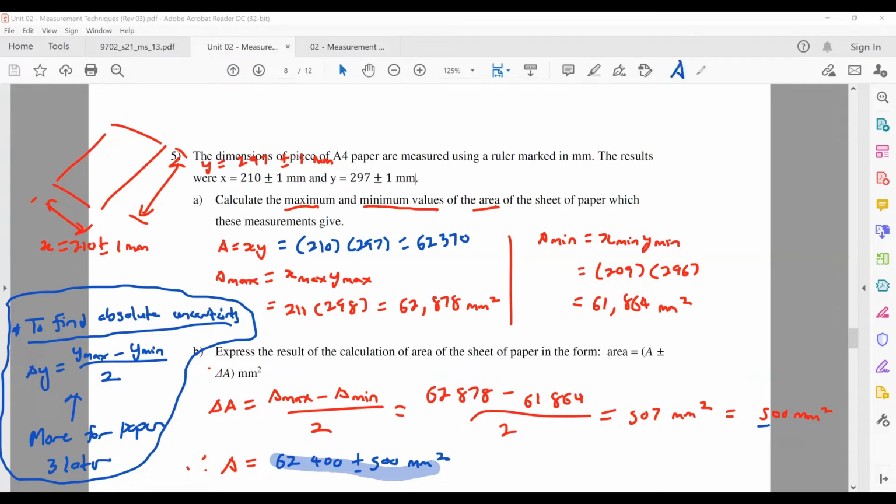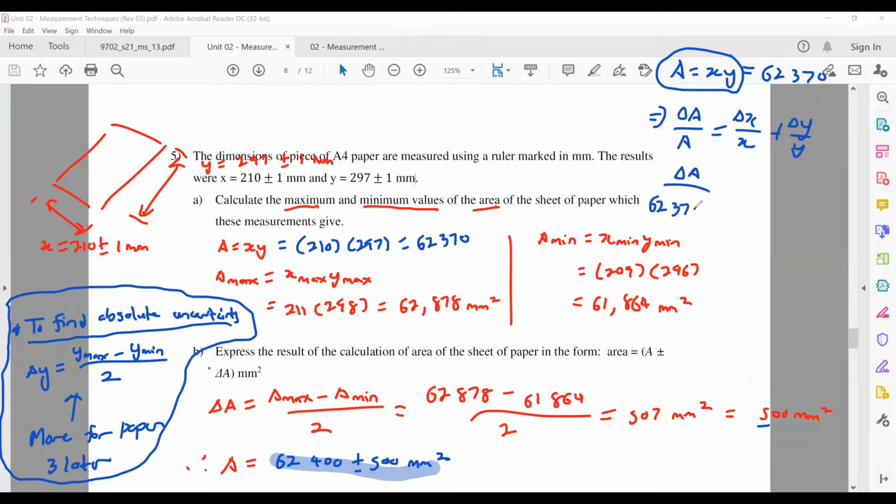Let's say A equals X times Y equals 62,370. This will become delta A over A equals delta X over X plus delta Y over Y. So delta A over 62,370 equals 1 over 210 plus 1 over 297, so delta A is 1 over 210 plus 1 over 297 times 62,370. You're going to get 507.